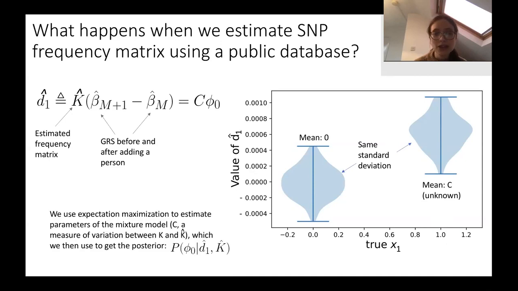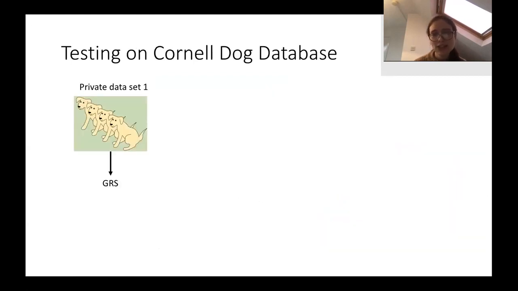Utilizing this information, we use an expectation maximization algorithm to estimate the parameters of this mixture model, where we estimate C, and we also estimate an additional parameter which describes the variation between K and K hats. Then we can use this to get the posterior and find the probability of each SNP given these D1 hats in our estimated K. We test our expectation maximization algorithm on the Cornell dog database.